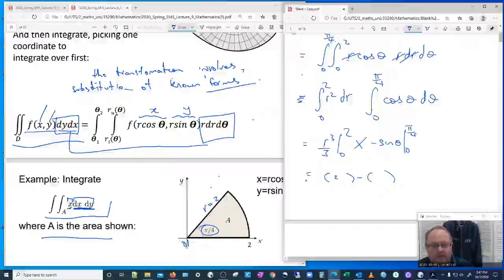So we've got 2 cubed on 3 minus 0 cubed on 3, times minus sine pi on 4 minus sine 0.